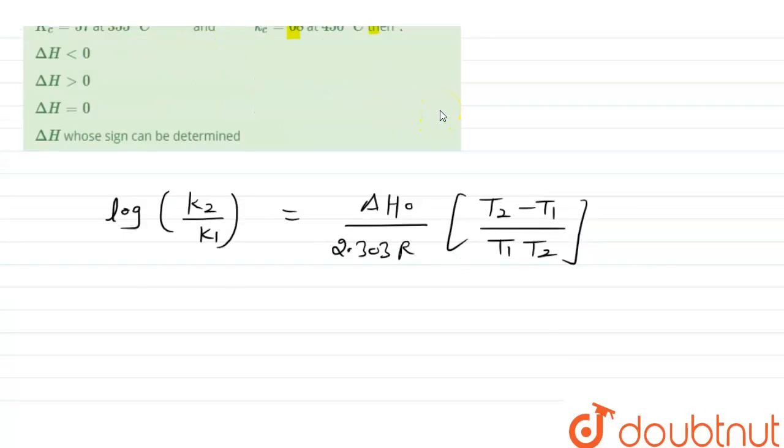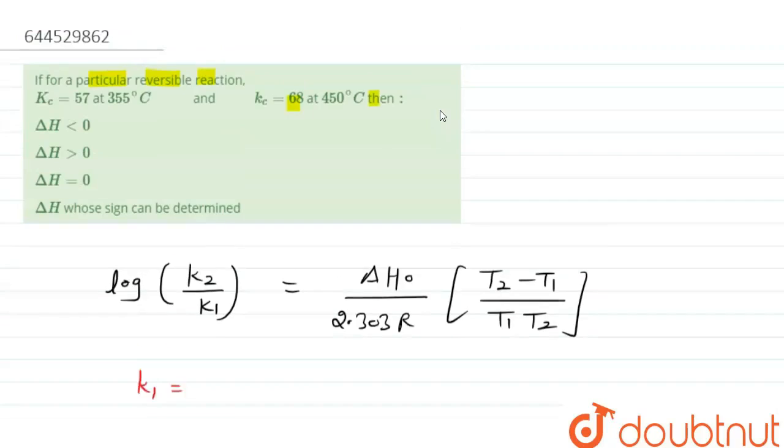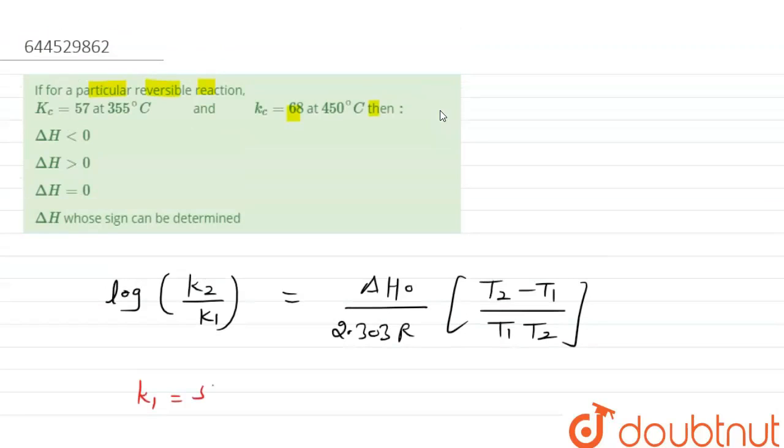According to the given condition, K1 is 57 and T1 is 355 degrees Celsius. K2 is 68 and T2 is 450 degrees Celsius.